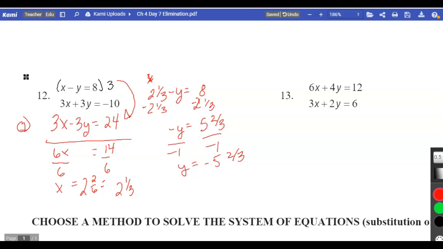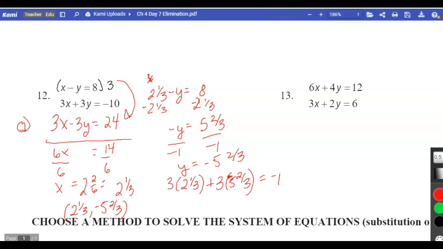So there's my answer. My answer is 2 1/3, comma, negative 5 2/3. And now I'll check it in the other equation. So this is where you gotta be careful with your math. 3 times 2 1/3 plus 3 times negative 5 2/3.